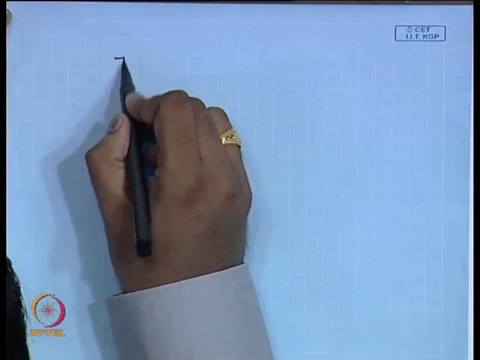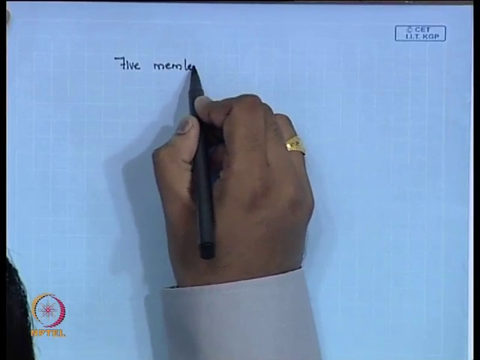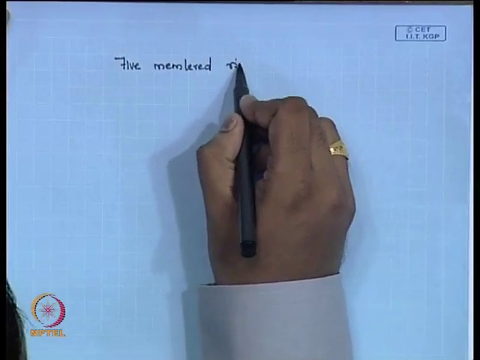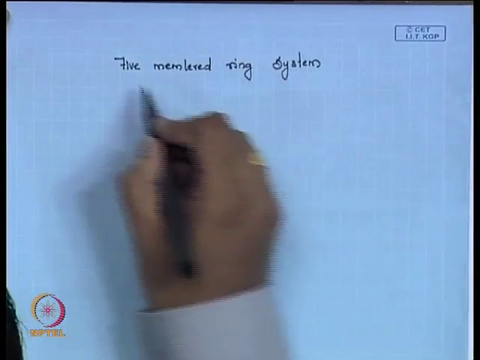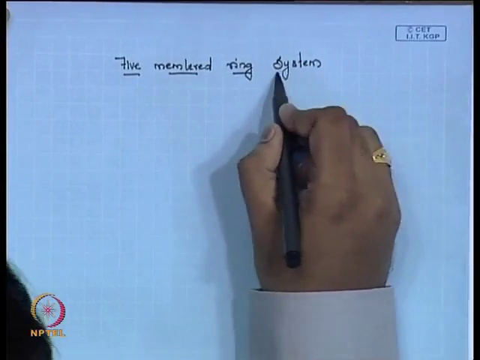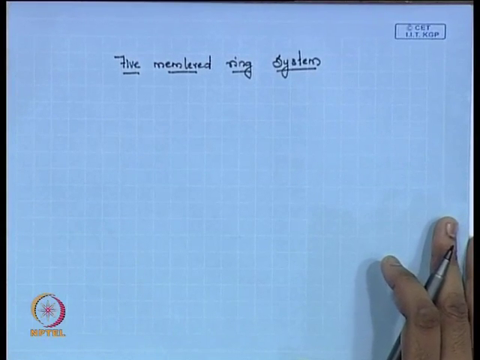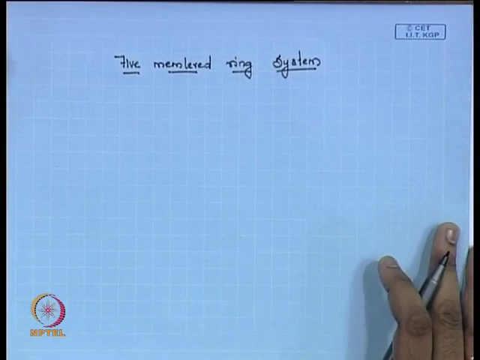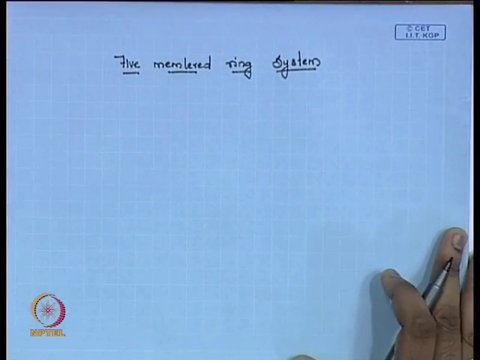So, now we will take 5-member ring systems. So, that is why in the initial class itself I said, if you are strong in spectroscopy and free radical chemistry, you can do most of your photochemistry. Okay.